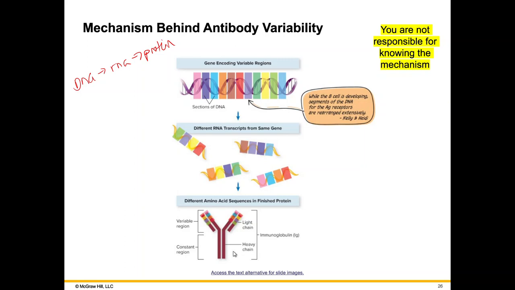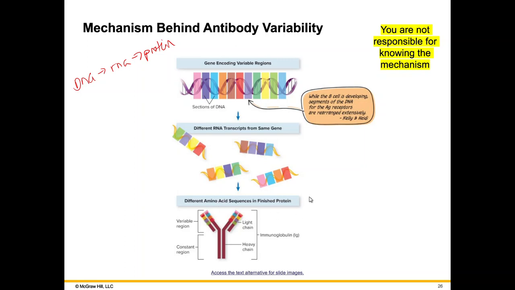So these proteins are made up of various recombinations of RNA transcripts that we derive from the same gene products in DNA. Again, you're not responsible for memorizing that mechanism, but for those who are interested, that's how we get all of these different varieties of antigen receptors on these antibodies.